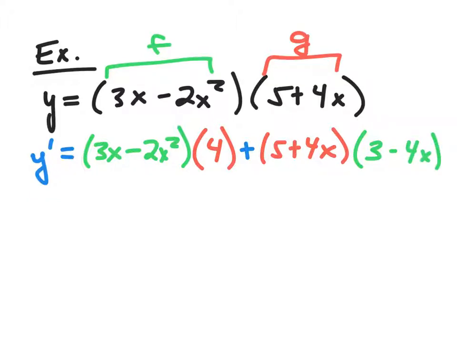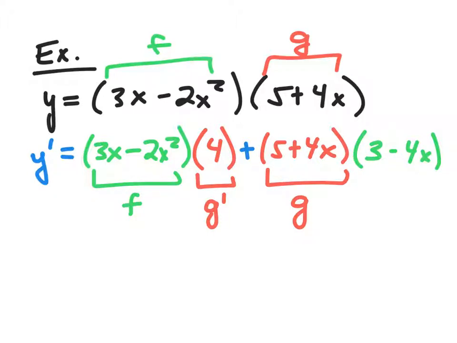So if I label it out, this is your f times the derivative of g, so g prime, plus g times the derivative of f, so f prime. Or in words, the first times the derivative of the second function plus the second function times the derivative of the first.